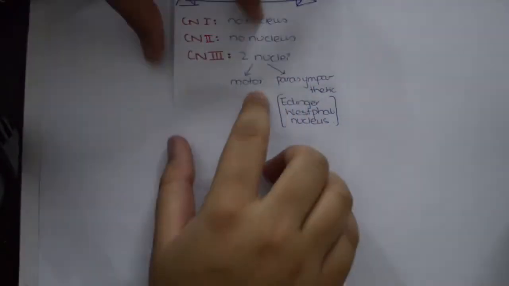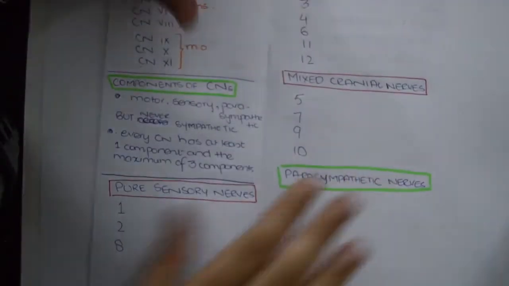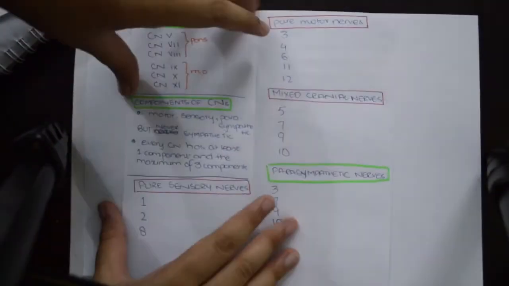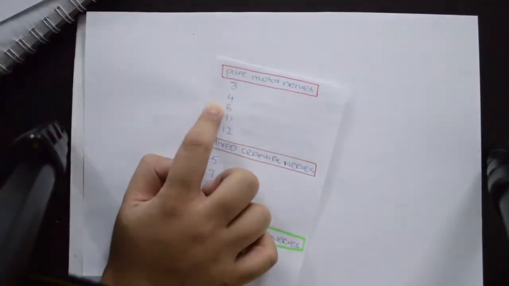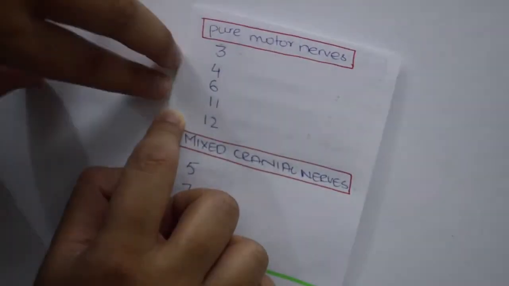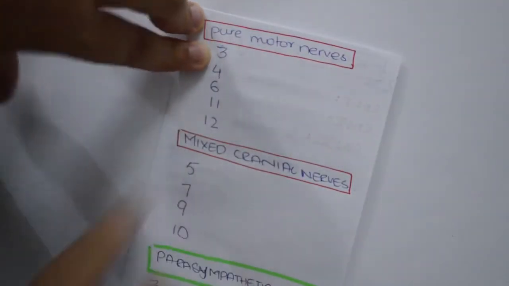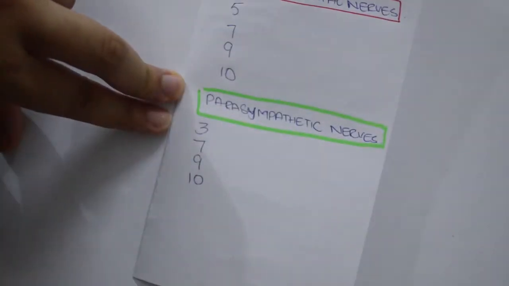If you want to see why this is a motor and parasympathetic nucleus, you can see evidence from here. Let me show you. We see that there is the motor nucleus over here. It is a pure motor nerve, and it is also a parasympathetic nerve.